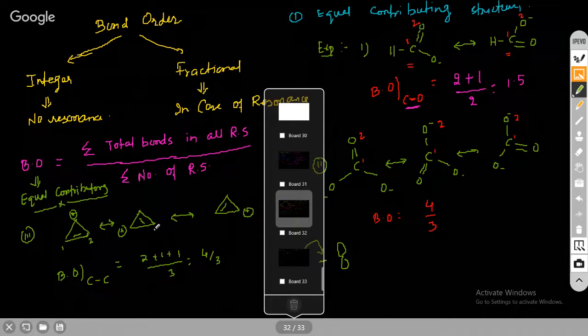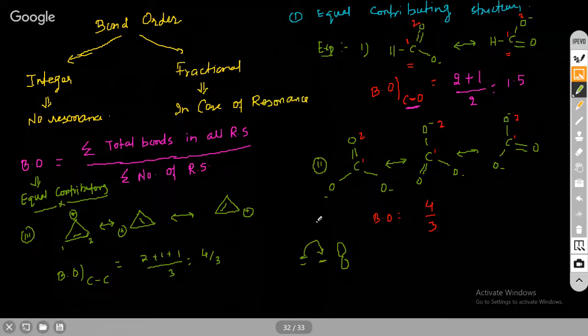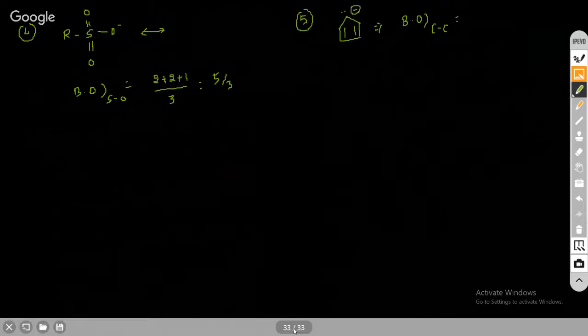Okay, we'll take some approximation there, but this formula is applicable only for equal contributors. You see all these examples, the molecule has equal stability and equal contributors, right? These all are equal contributing structures. Okay, so here you see in this molecule, again you have to draw the resonating structures, calculate the number of RS, take any two carbon atoms and count the number of bonds present between the carbon atoms.